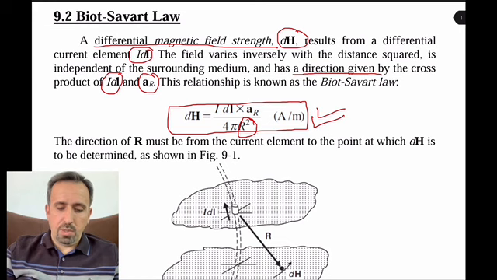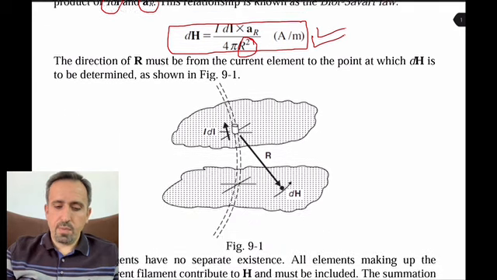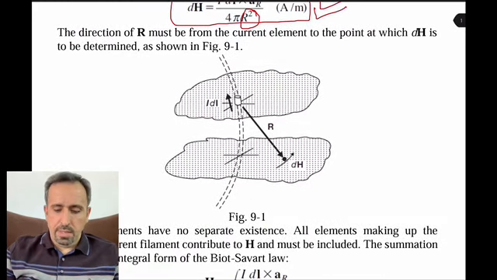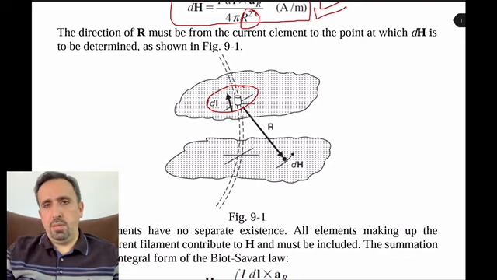Now what about R? If you look at figure number 9.1, R could be defined as that vector being directed from the current element, as you can see here, toward the point of observation.